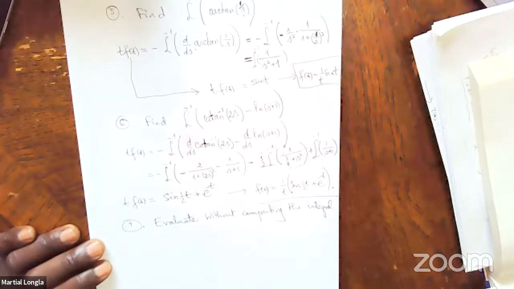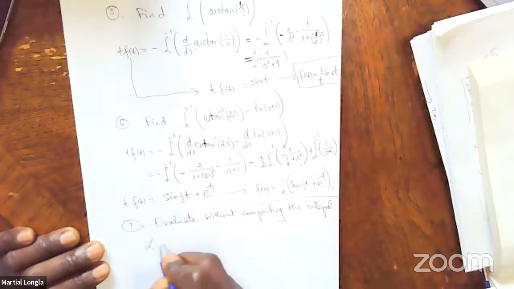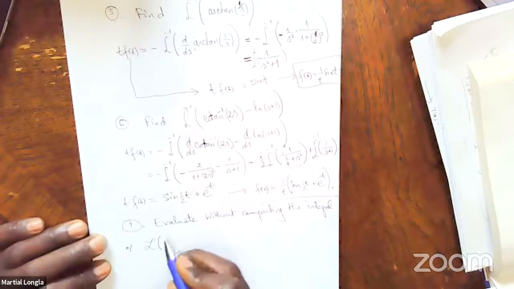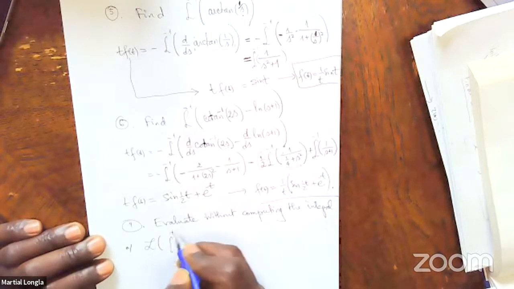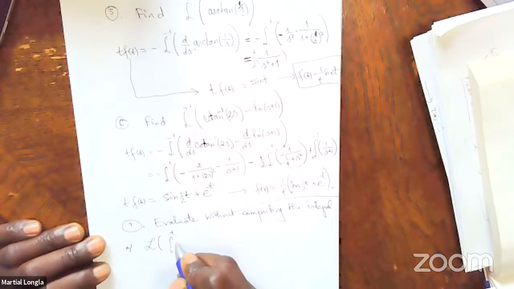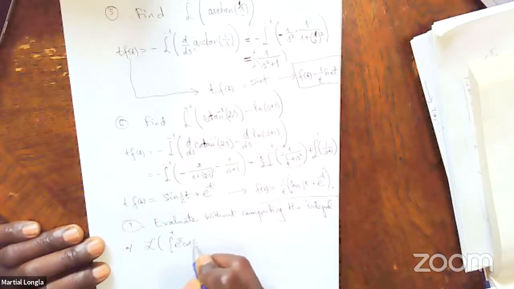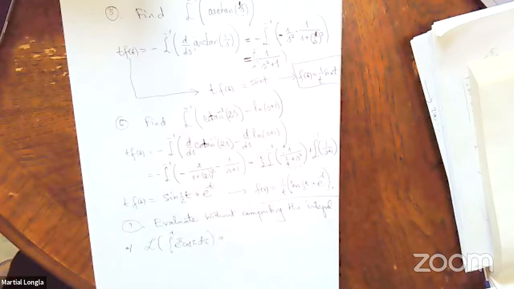So what is the Laplace transform of the integral from 0 to t of e to the tau cosine of tau d tau? Can anyone just tell me quickly what this is about? That's one of the problems we solved already today.